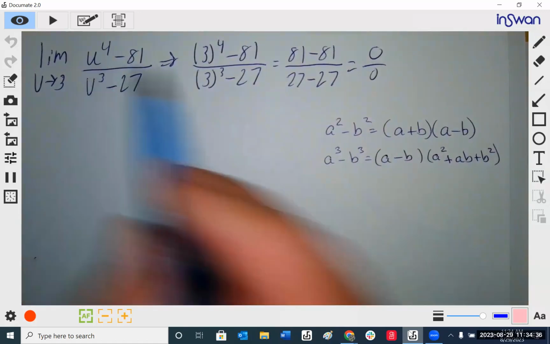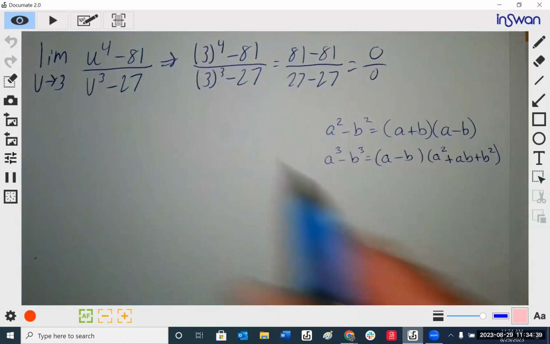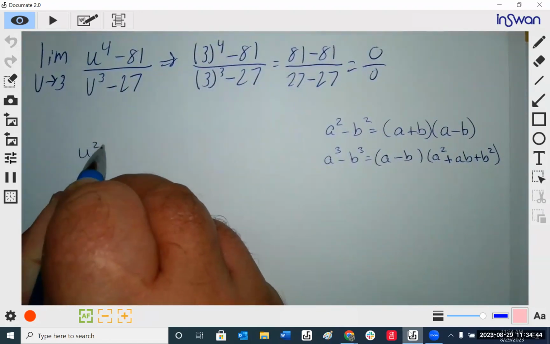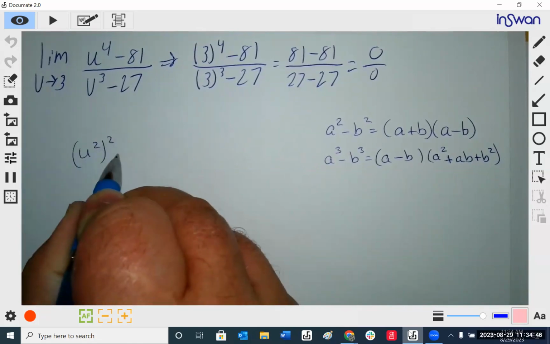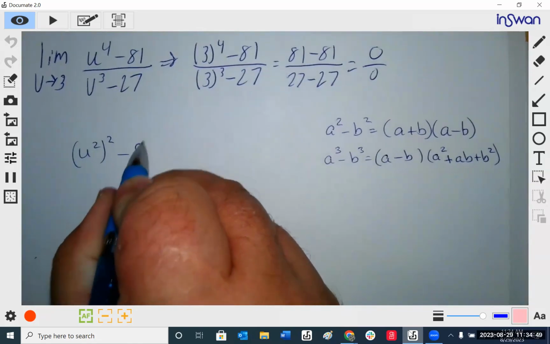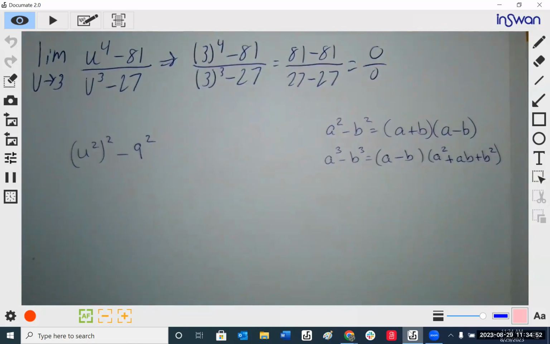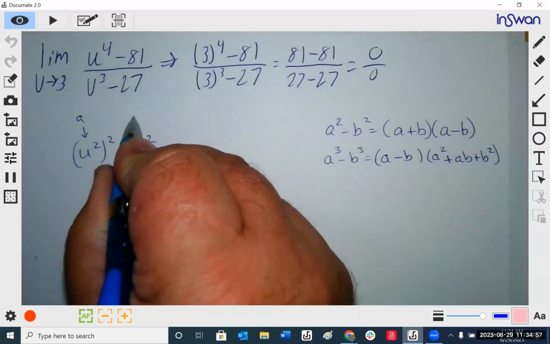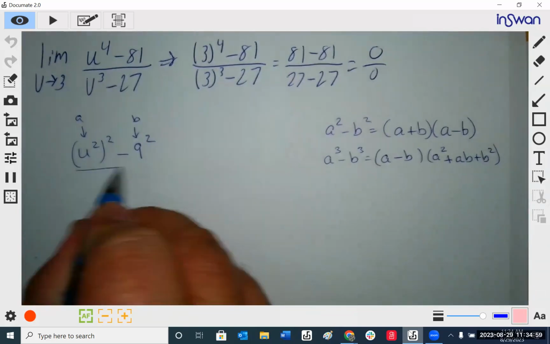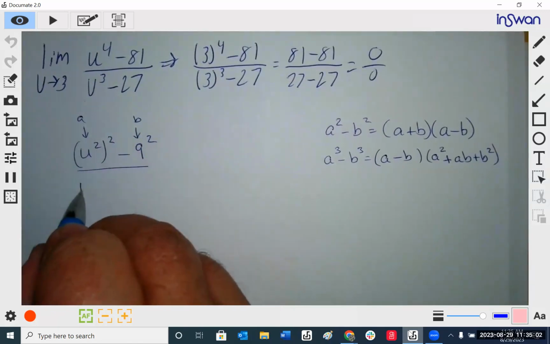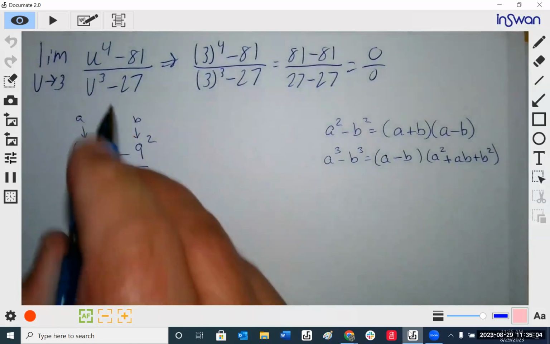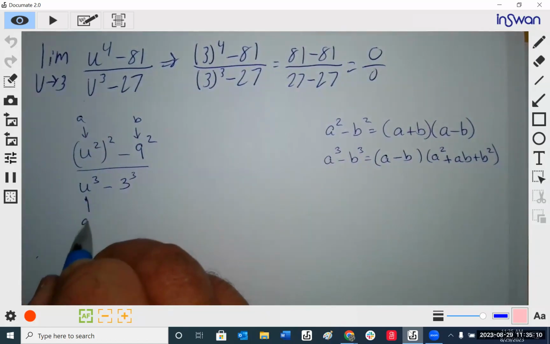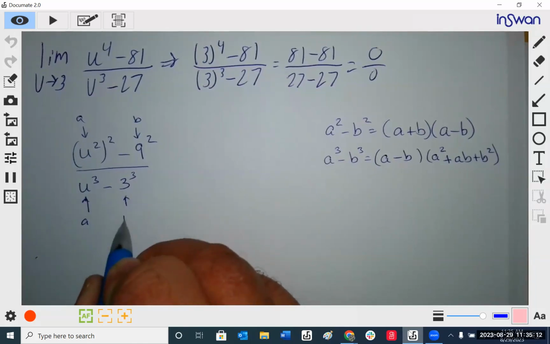So now, how does this relate to this? Well, u to the fourth is u squared squared, and 81 is 9 squared. So this is a, and this is b. u cubed, 27 is the same thing as 3 times 3 times 3. So that is a, and that is b.